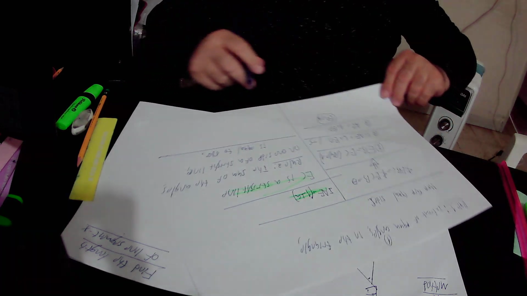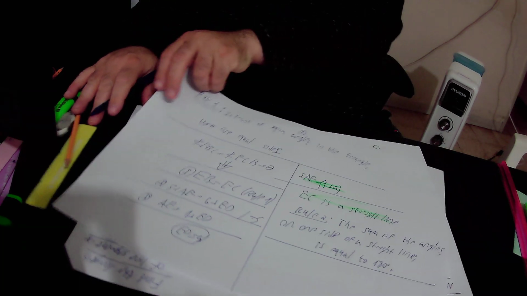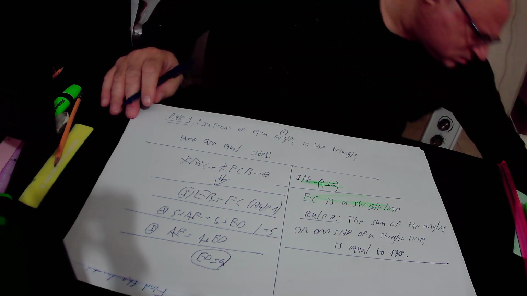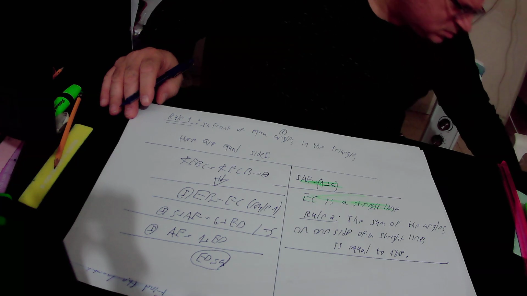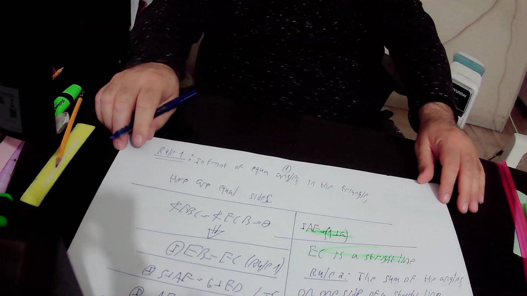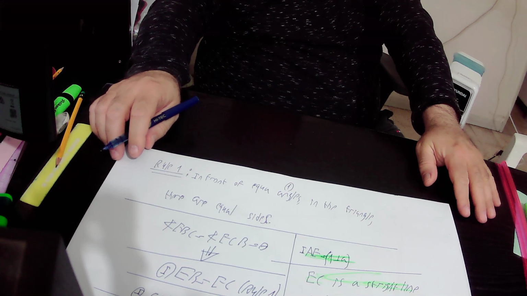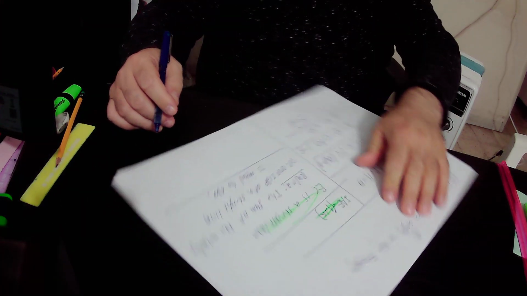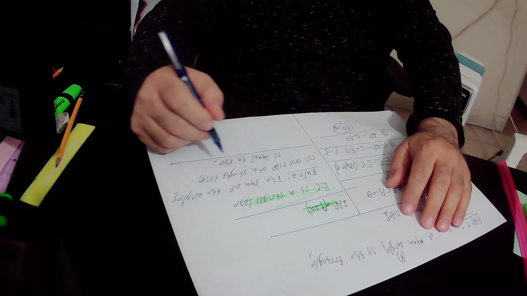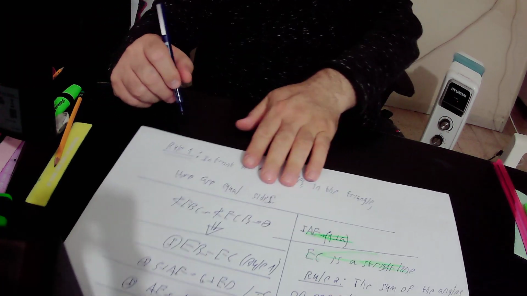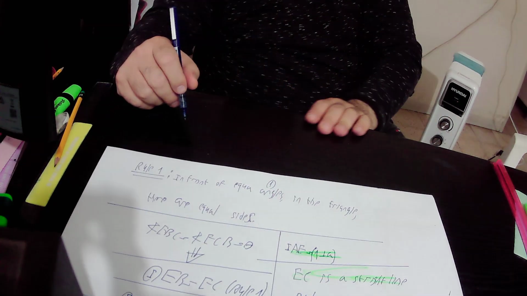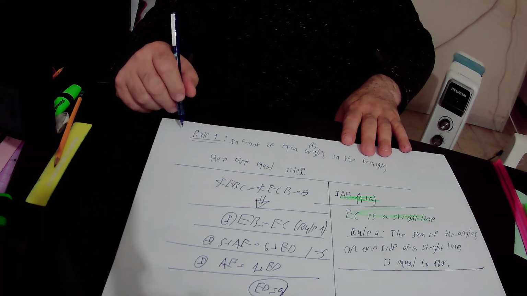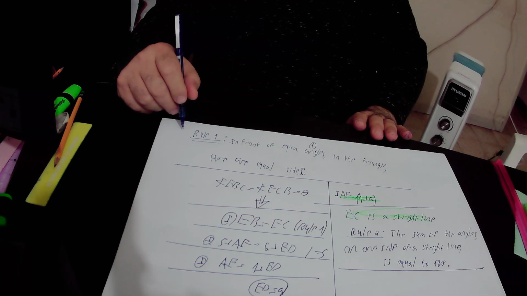I read rule number 2 again. According to rule number 2, the sum of the angles on one side of a straight line is equal to 180 degrees.